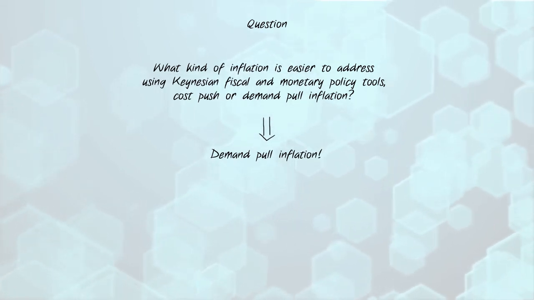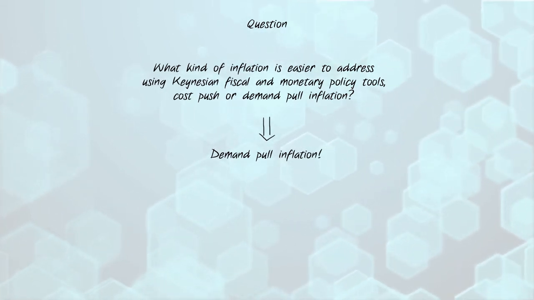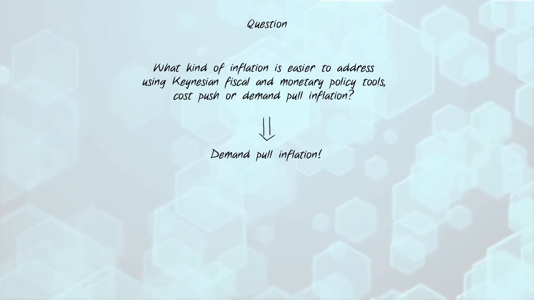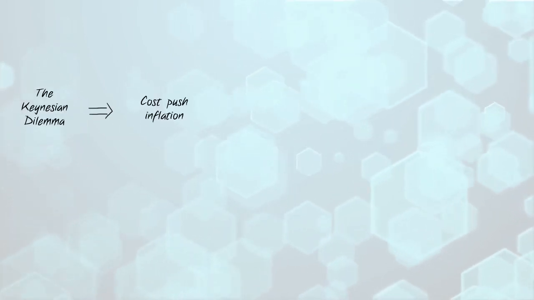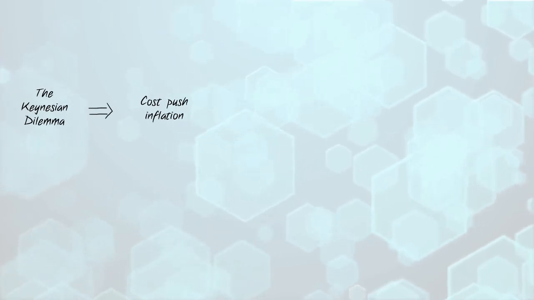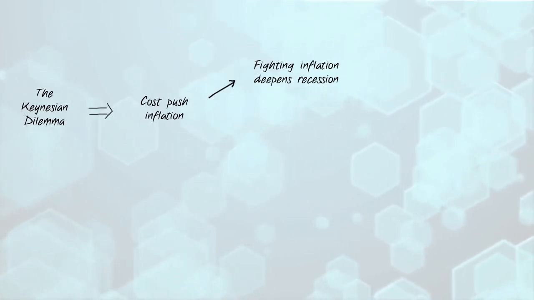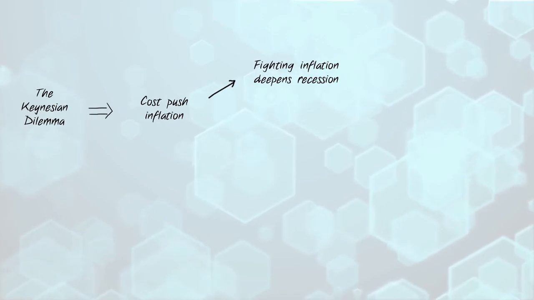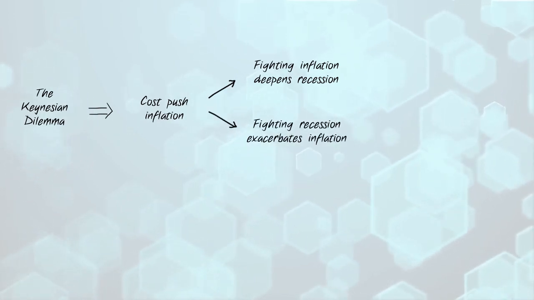However, with cost push or supply side inflation, we are confronted with this Keynesian dilemma. Any attempt to fight cost push inflation will deepen a recession, and any attempt to fight recession will only exacerbate inflation.